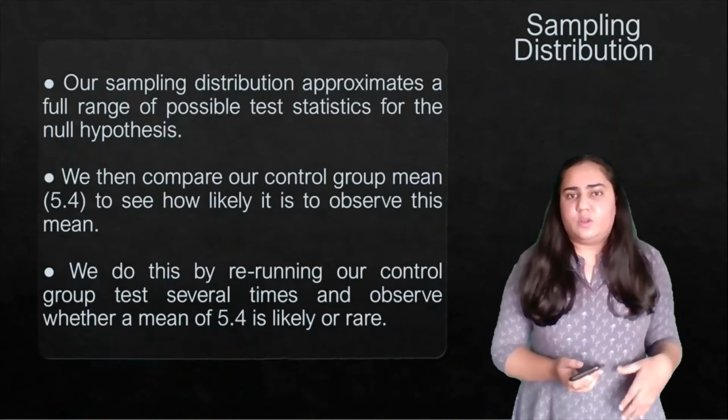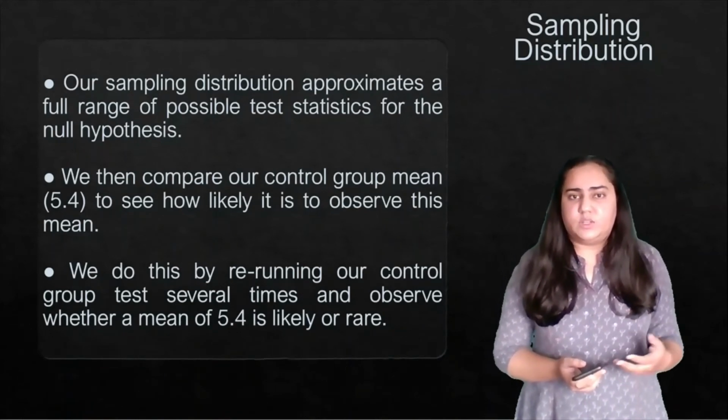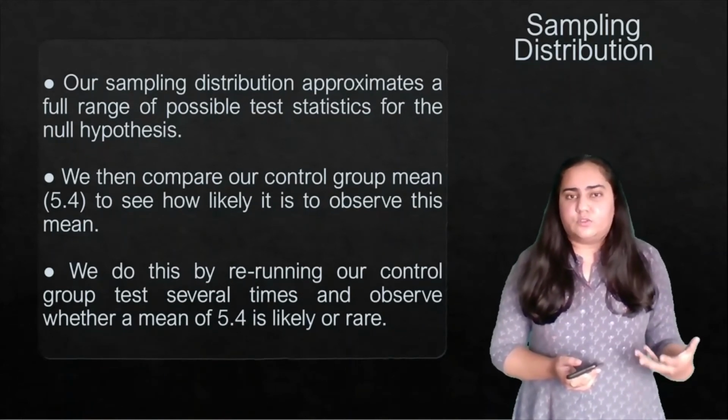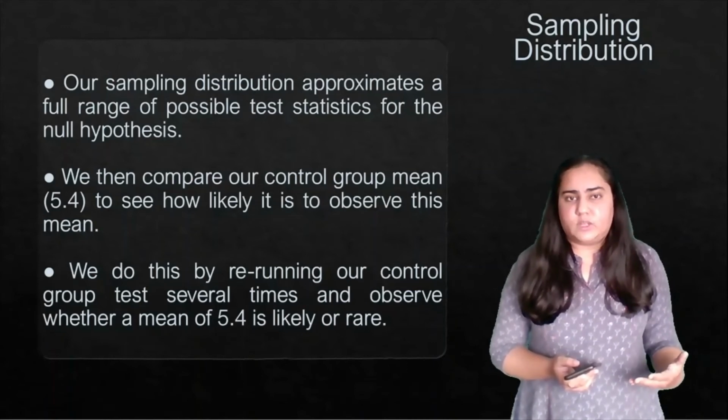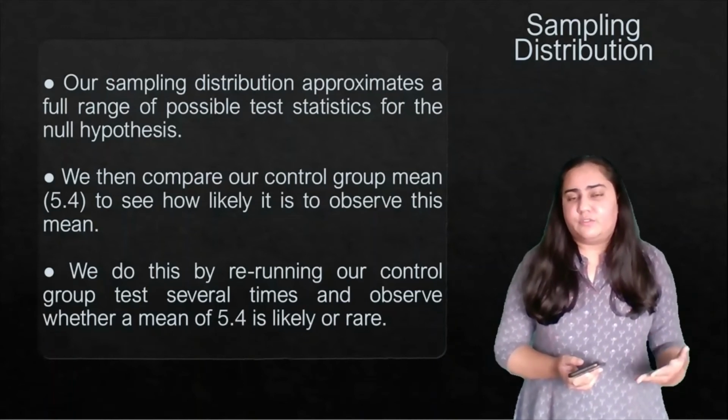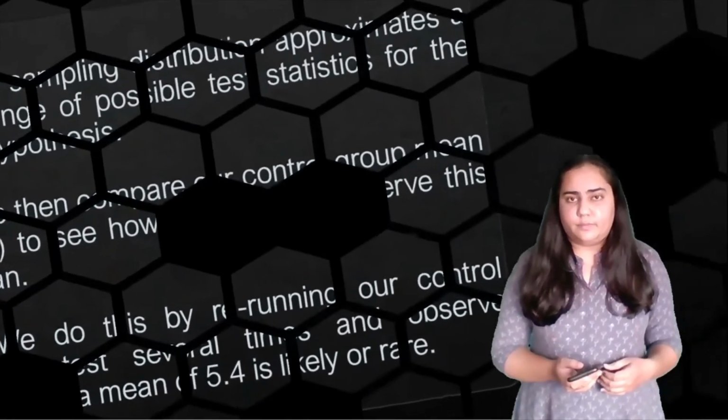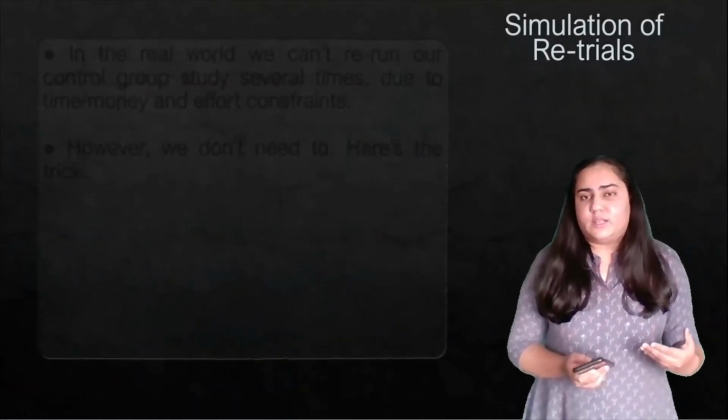So we have to compare all our test results with this. And we do this by rerunning our control group test several times and observing whether the mean of 5.4 is likely or rare. Now, it's not as simple as it sounds.